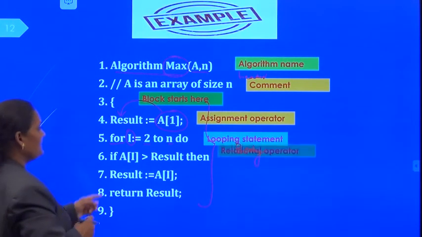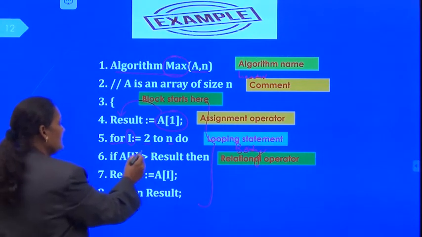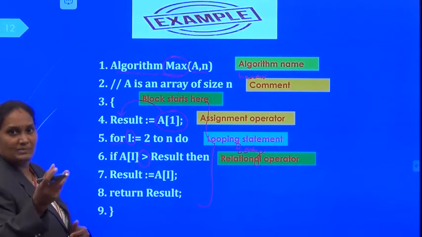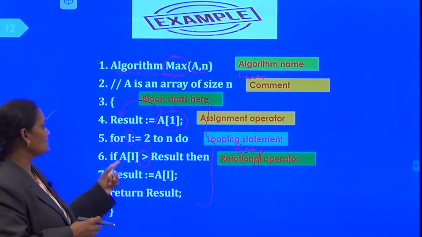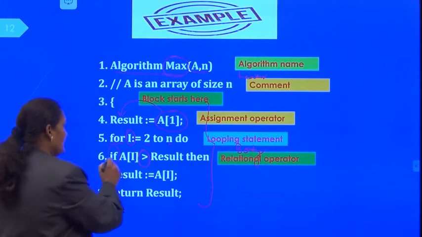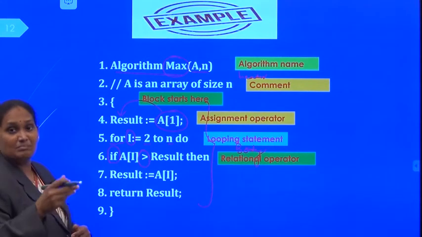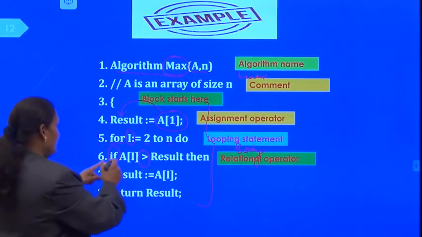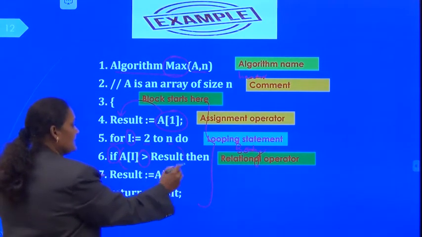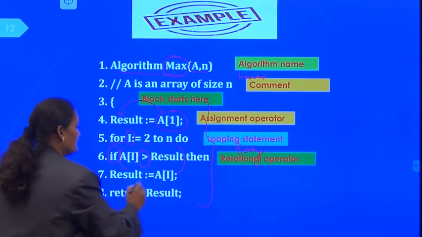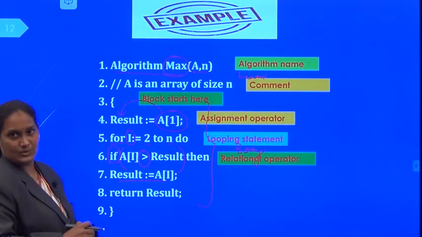The next statement, I used a relational operator to obtain the Boolean value, whether true or false. Here I also used a conditional statement, simple if, which entirely indicates a condition. If this condition is true, then this statement will be executed.